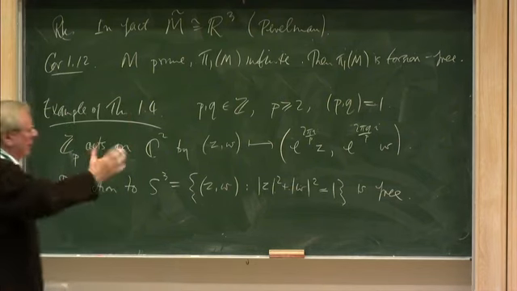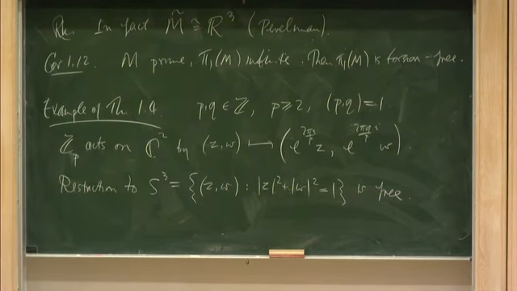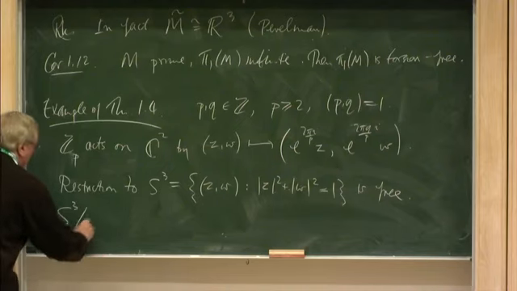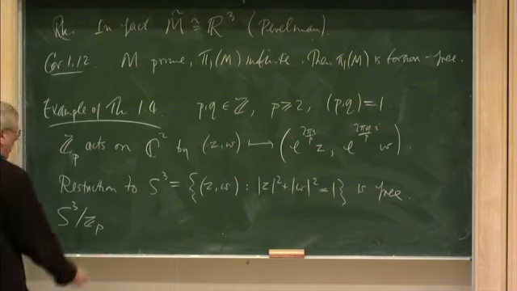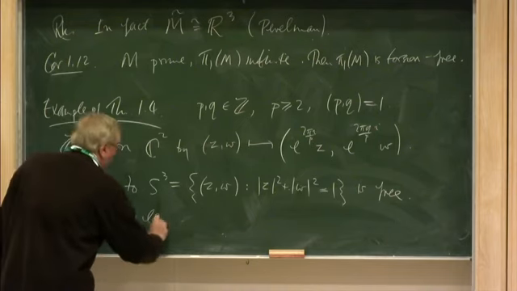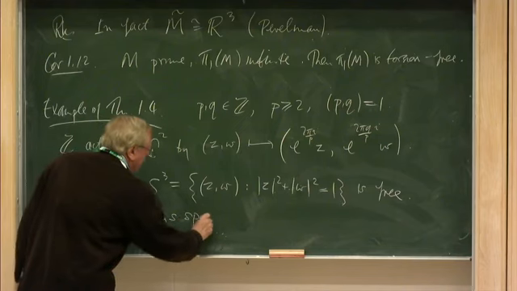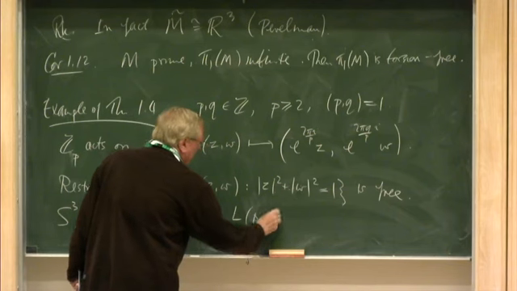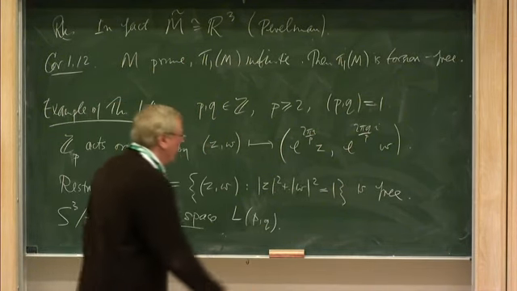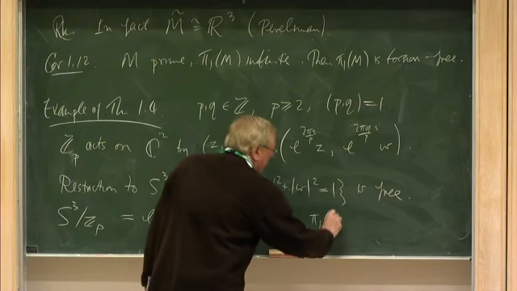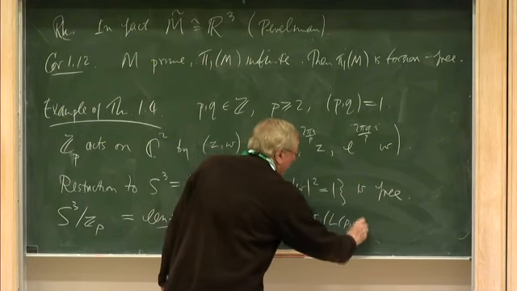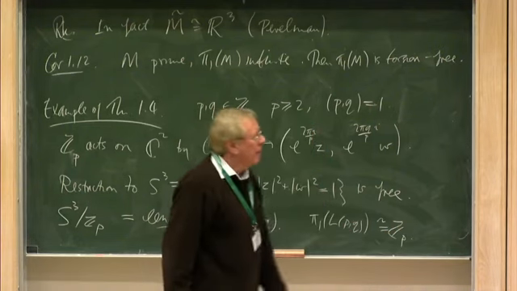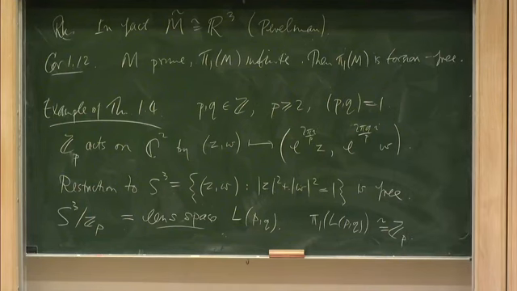In fact, obviously this is an action by SO(4), and the quotient is the 3-manifold, the so-called lens space L(P,Q). And so, of course, the fundamental group is just Z_P. So these are a bunch of manifolds with finite fundamental group.